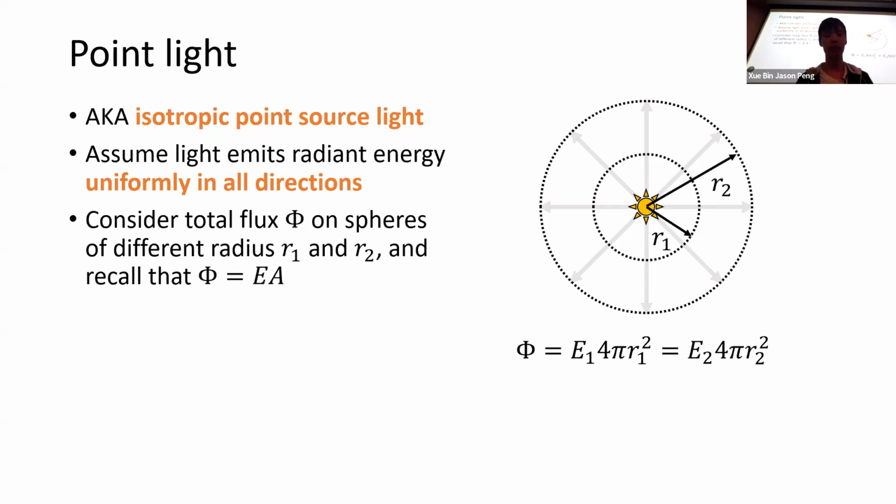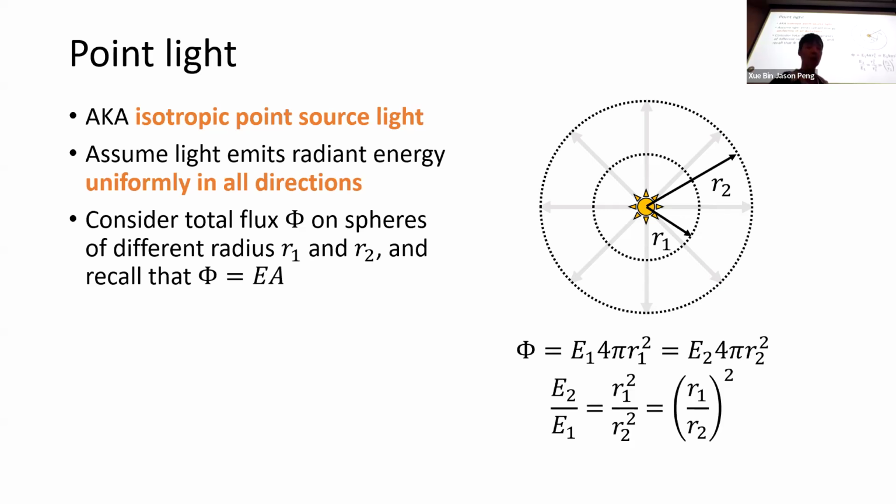Okay. So we can do a little bit of algebra, and what we want to determine is the irradiance E1 and E2. That's going to tell us how much light energy is going to arrive at a particular point at that distance from the light source. So if we do a little bit of algebra, what we are going to see is that the relationship between E2 and E1 follows an inverse square law.